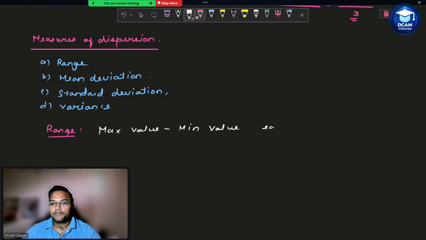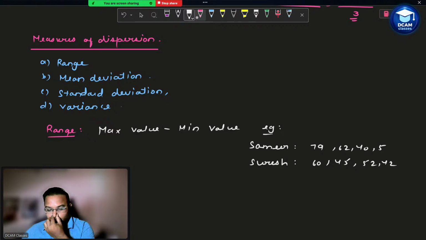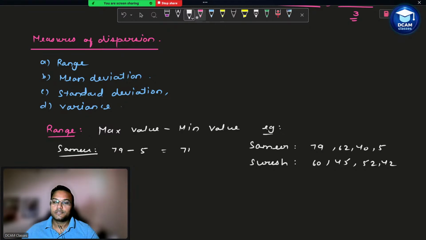Example, actually I need not give the example. Suppose there are two persons. Samir has got different marks 79, 62, 45, and the other is Suresh. He has got some marks 60, 45, 52, and 42. If we want the range of marks for Samir, it will be his maximum value, that is 79, minus minimum 5, which is 74.